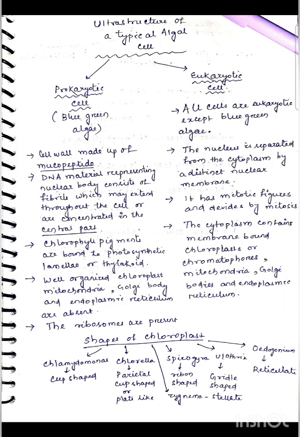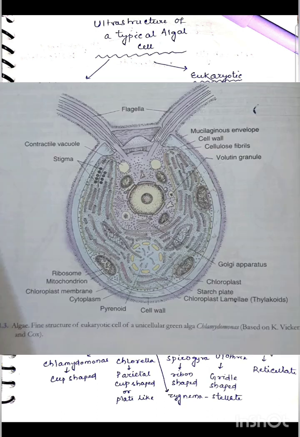Then chlorophyll pigments are bound to photosynthetic lamellae or thylakoids. Well-organized chloroplast, mitochondria, Golgi body, endoplasmic reticulum are altogether absent. Ribosomes are present. Then eukaryotic cell.